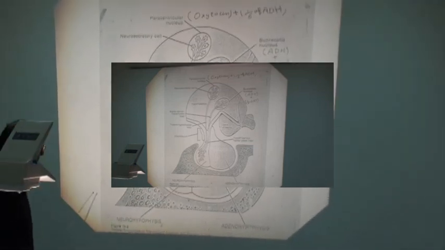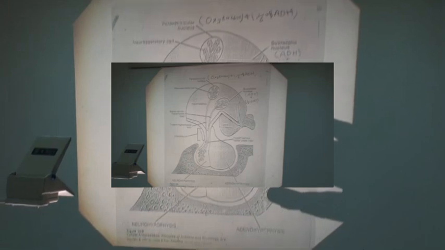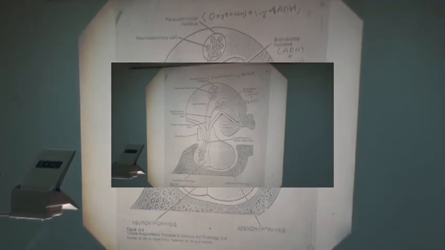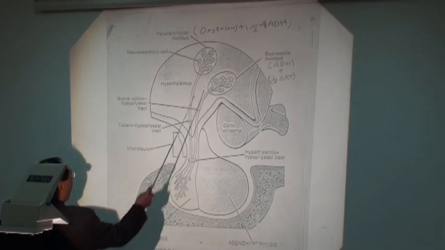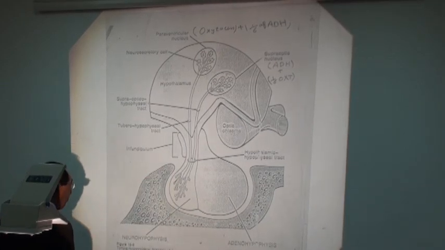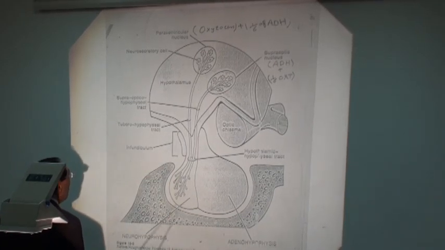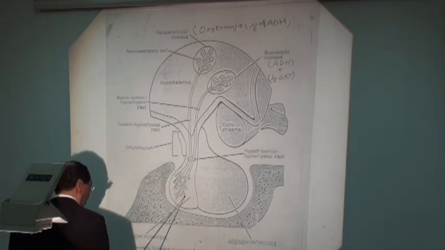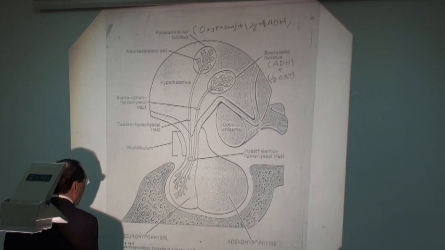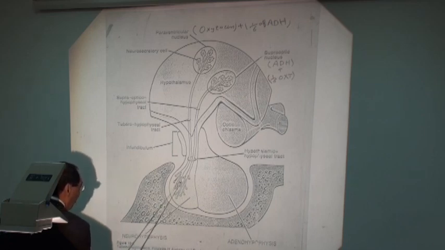The posterior pituitary gland is connected with the hypothalamus directly. It means that the hormones of the posterior pituitary gland originally come from the hypothalamus. Neurons extend from the hypothalamus down into the posterior pituitary gland.